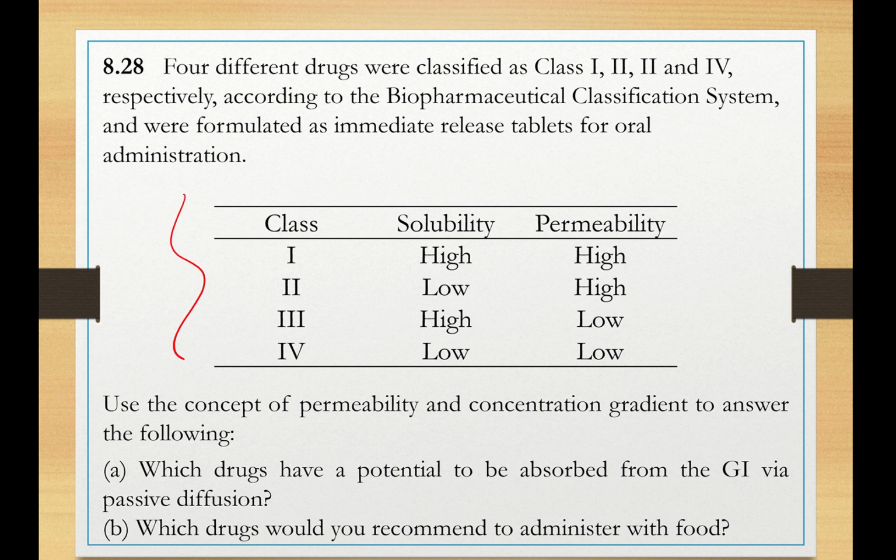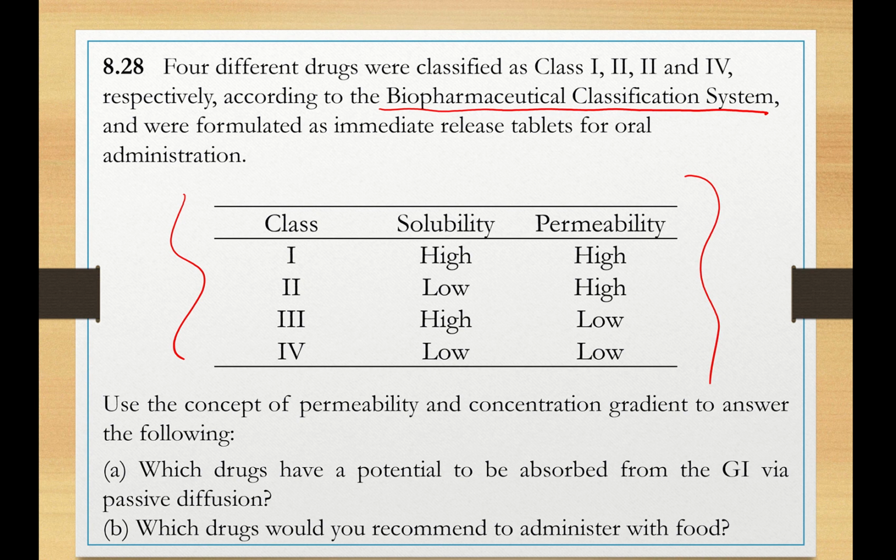And lastly, this is a very interesting exercise where you need to consider the classification of drugs based on their solubility and permeability. This is an official classification system that is used by the FDA, and almost every drug has to be classified according to this system.